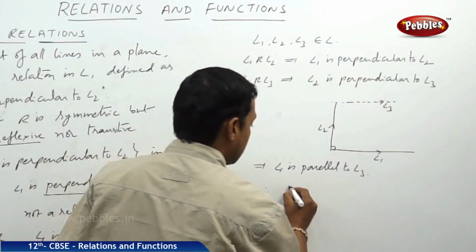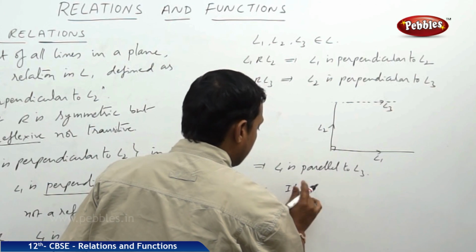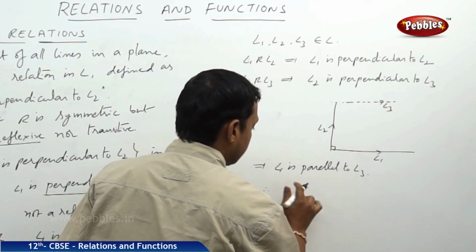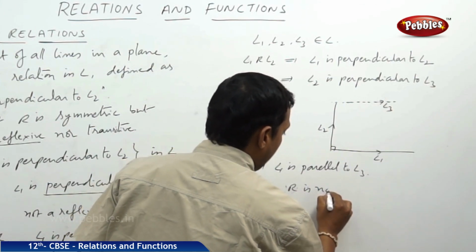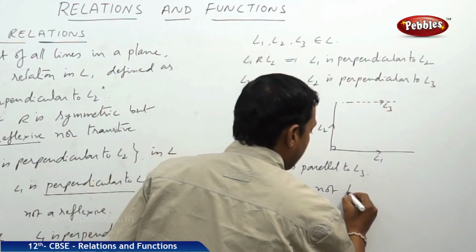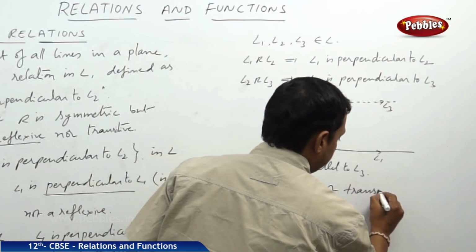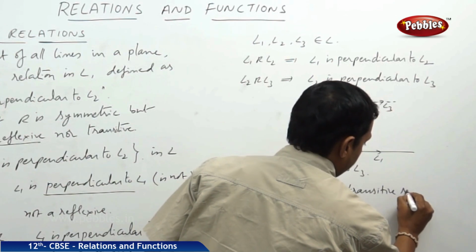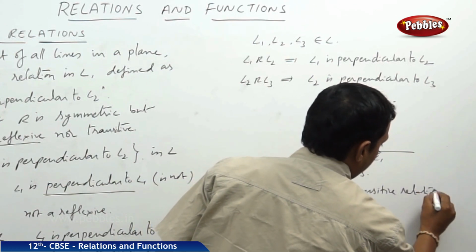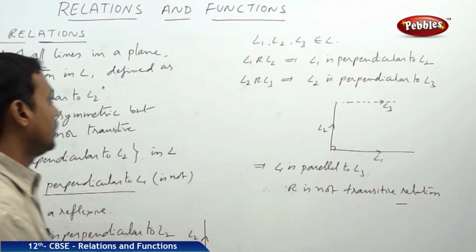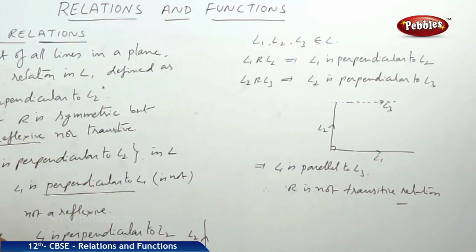Hence, the relation R is not a transitive relation. So finally, the given relation is symmetric but not reflexive and transitive.